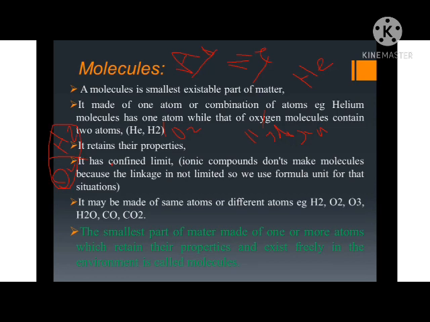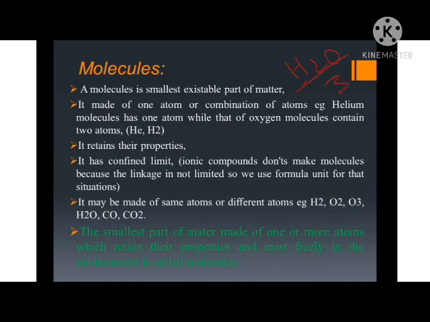It has a confined limit. Ionic compounds don't make molecules because the linkage is not limited, so we use formula unit for that situation. Confined means that, for example, if we consider the H2O molecule, here are two hydrogens and one oxygen, three atoms.